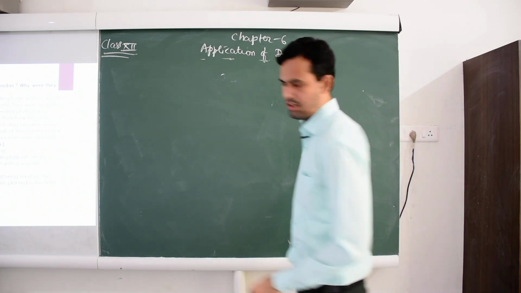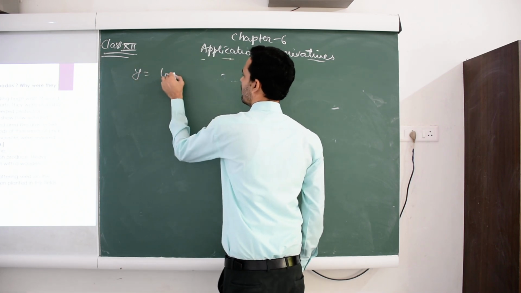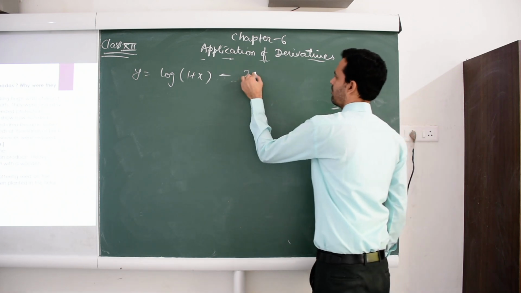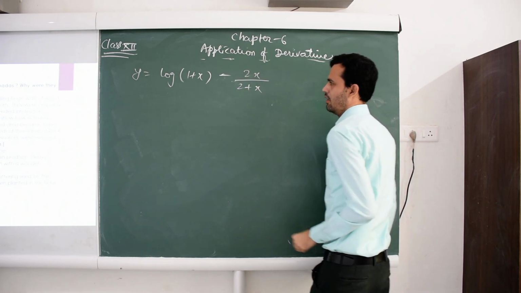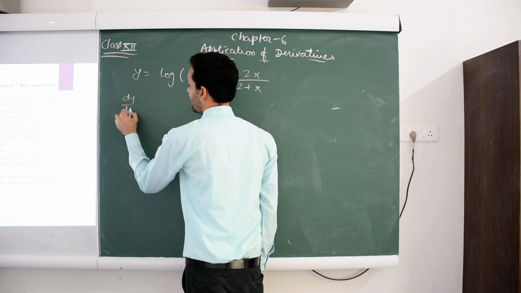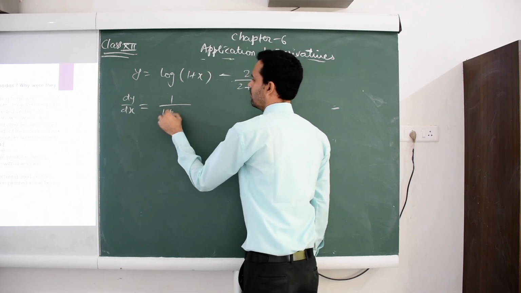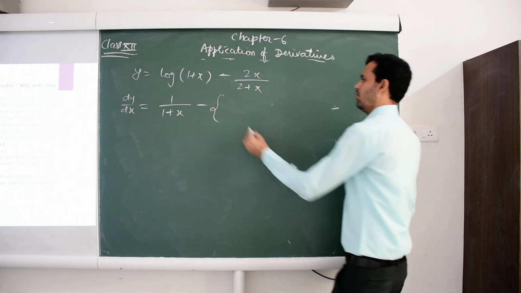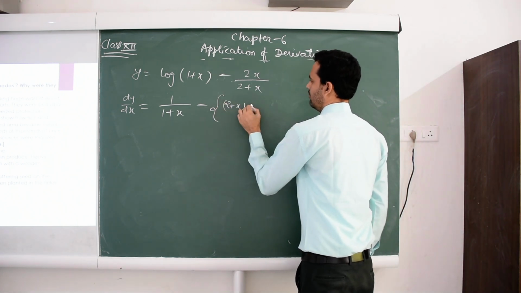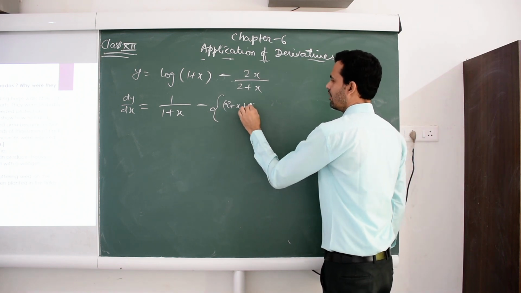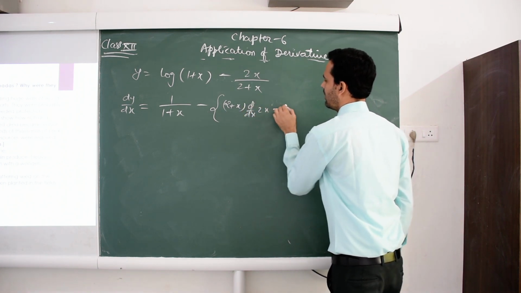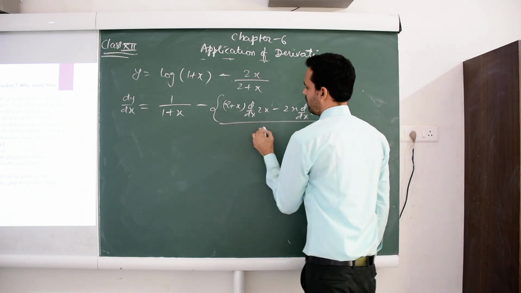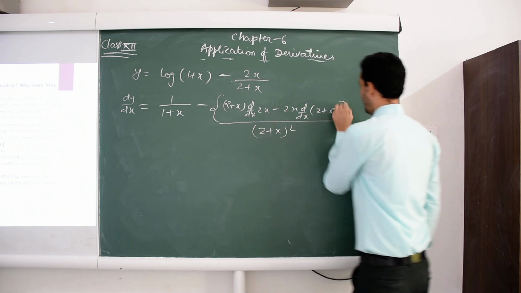Question number 7 is y equals log(1 plus x) minus 2x upon 2 plus x. Differentiate it. So we get dy by dx equals 1 upon 1 plus x minus, in this we use the quotient rule: denominator times d by dx of numerator minus numerator times d by dx of denominator, upon square of denominator.